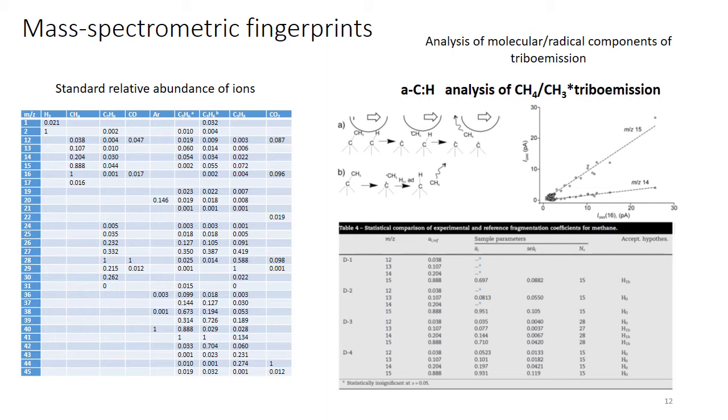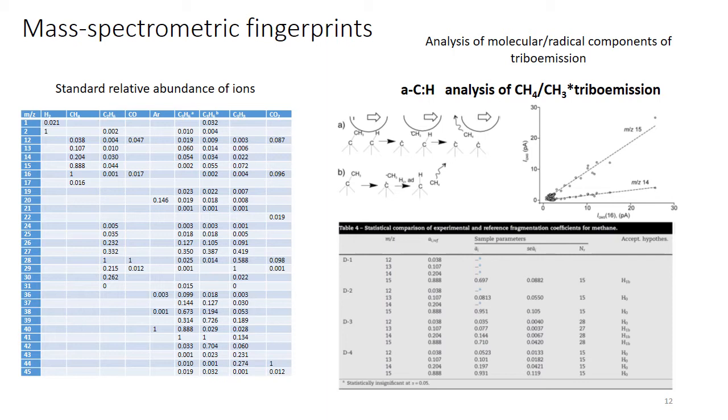So how can we probe the presence of these radicals in the emitted gases? First of all, we need to find the correlationships between the different channels of mass spectra corresponding to methane. So we need to find this experimentally.